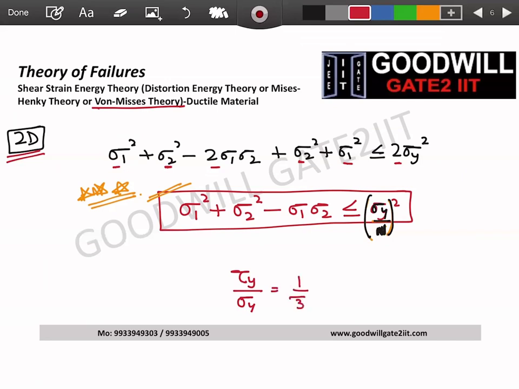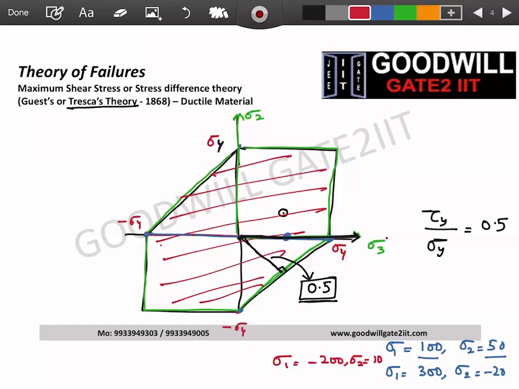If you convert this 1 divided by root 3, you will get 0.57. If you see the ratio for Tresca, tau y by sigma y was 0.5.